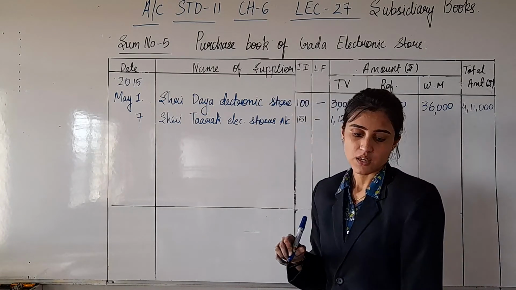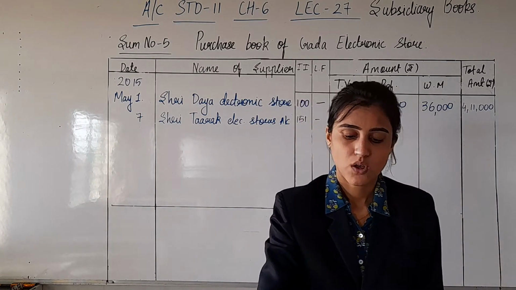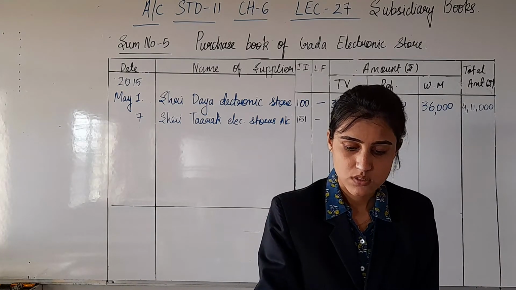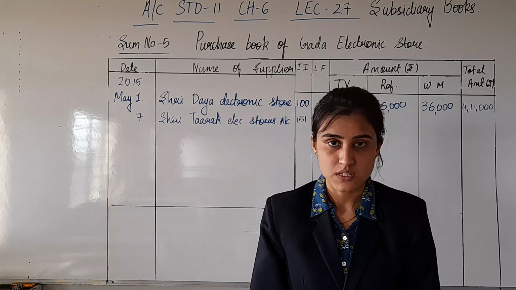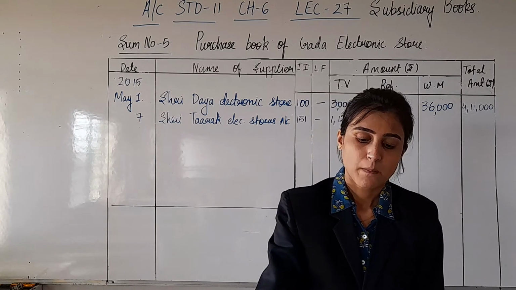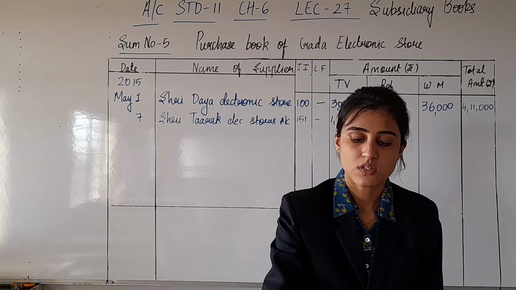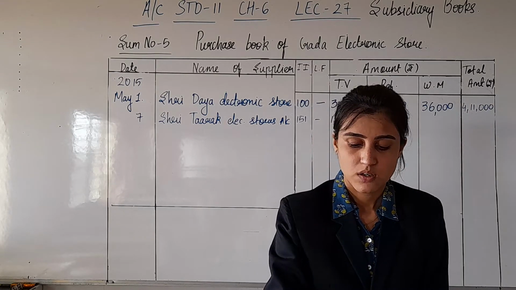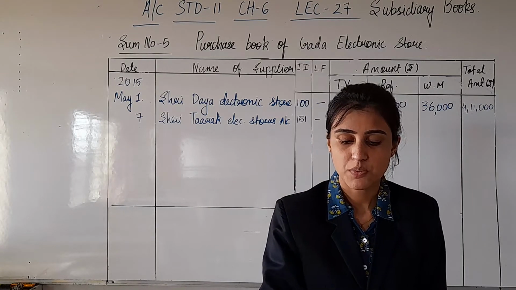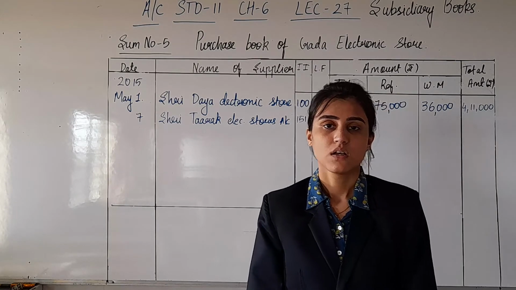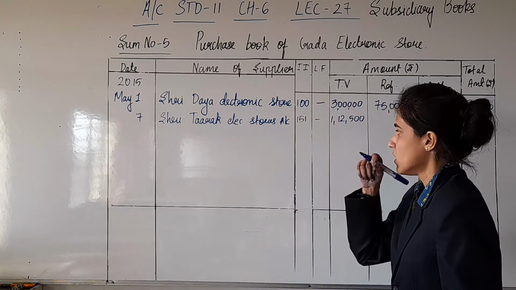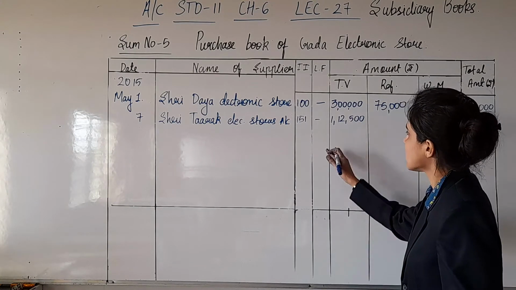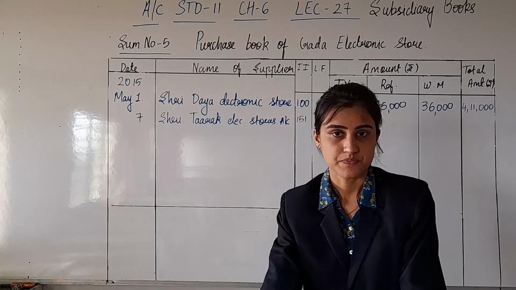I repeat, 5 into 25,000 gives you 1,25,000 minus trade discount, the 10%, which is 12,500. So 12,500 to be deducted from 1,25,000, and the amount is 1,12,500.